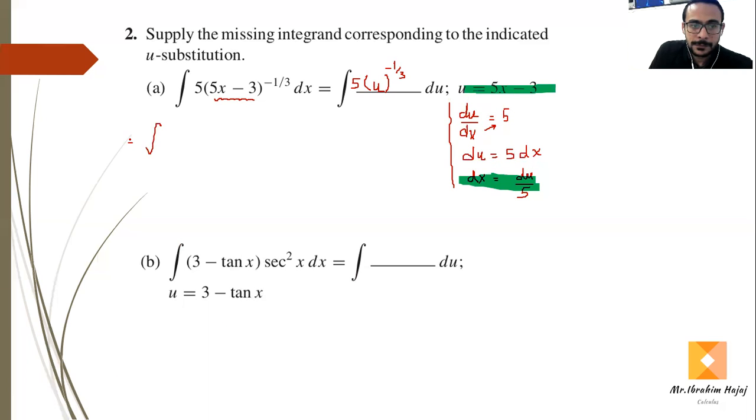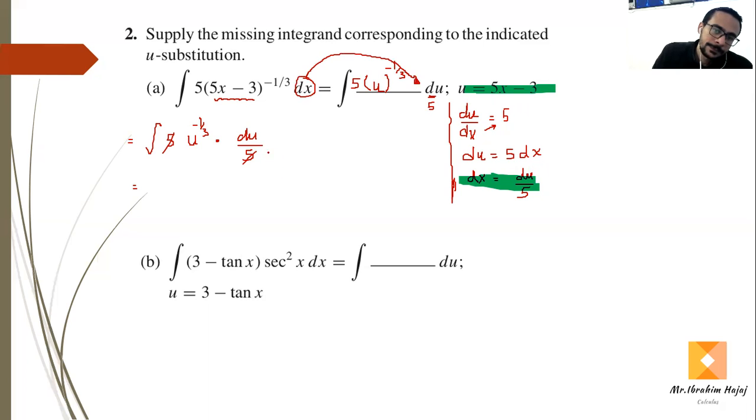The integral of u to the power of negative 1 over 3, should we put it in the denominator or leave it? Leave it. Then we add 1. Replace the du by its value. du over 5, then cross out the 5s. You replaced dx by du over 5, and you substitute u for 5x minus 3.